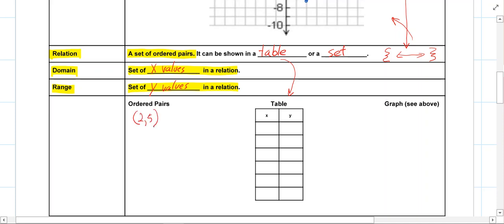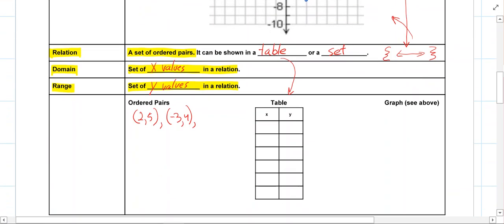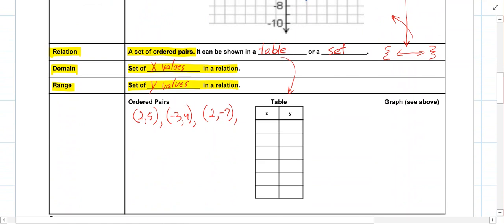And I'll go for 2 more. 2, -7 and I forgot. It's -6, -4.